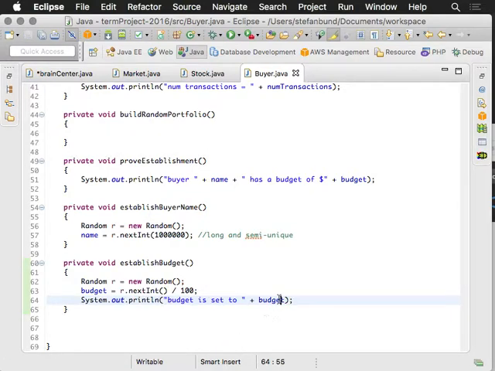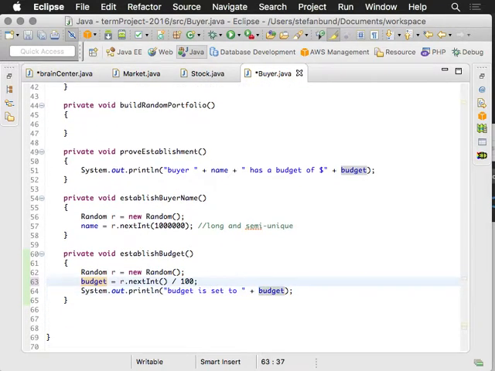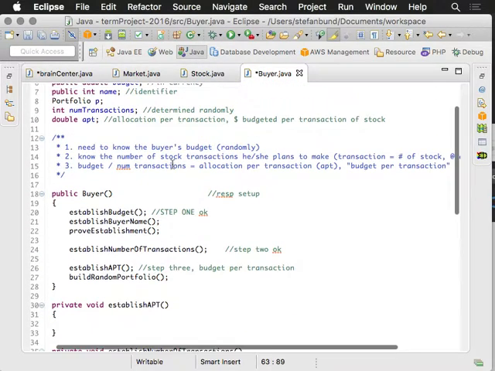Now that variable budget is not declared for the first time right there. It's actually initialized, which is setting an initial value to something, but it's actually declared long before.